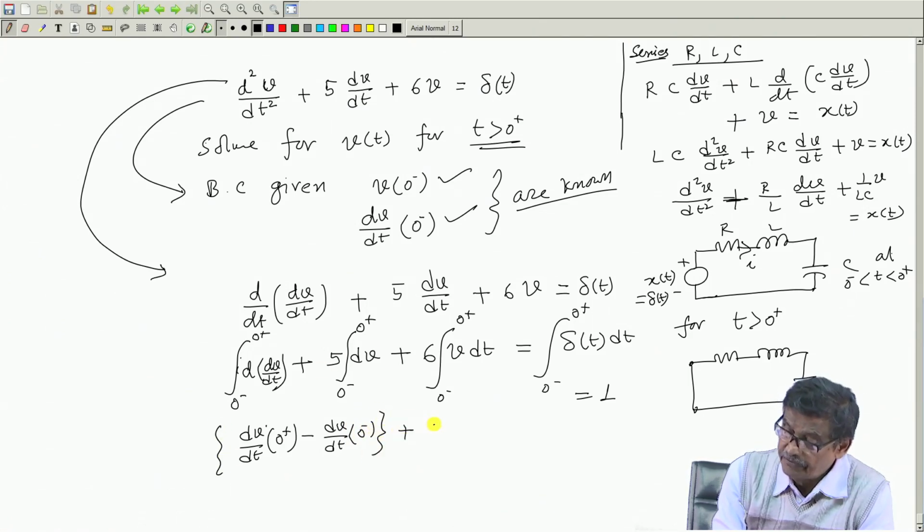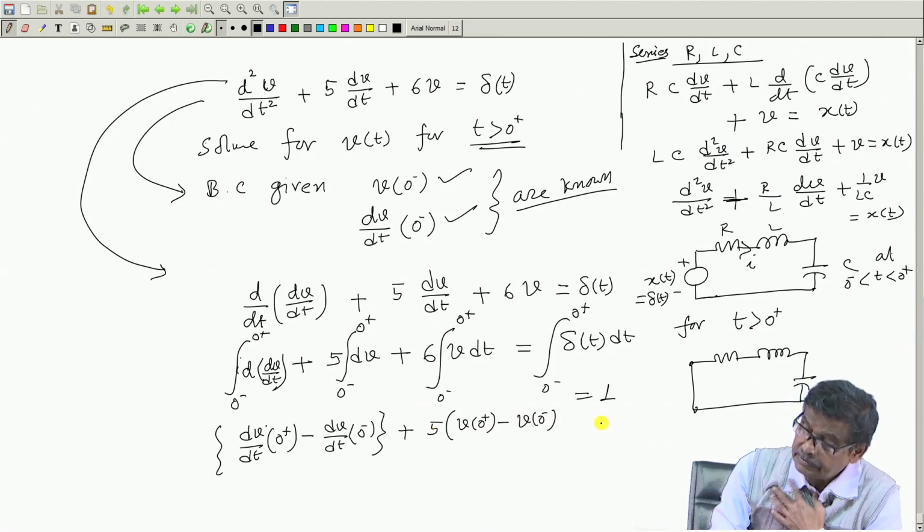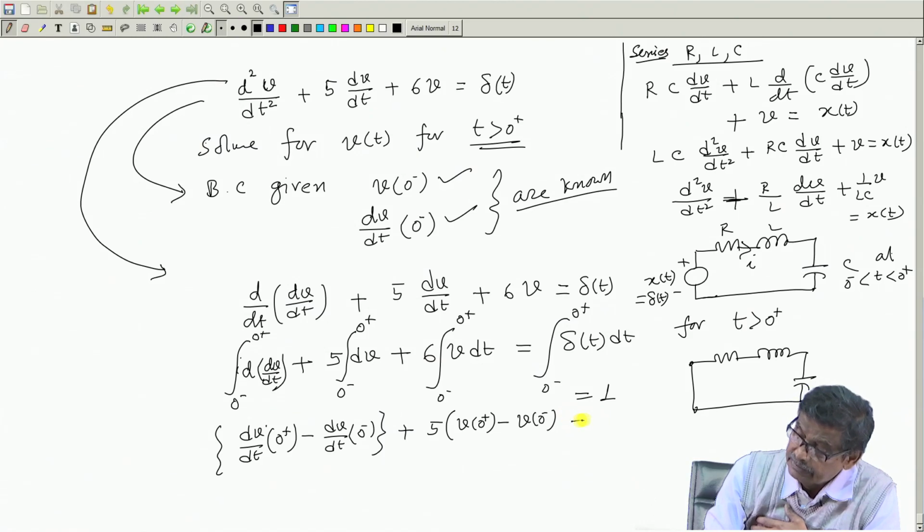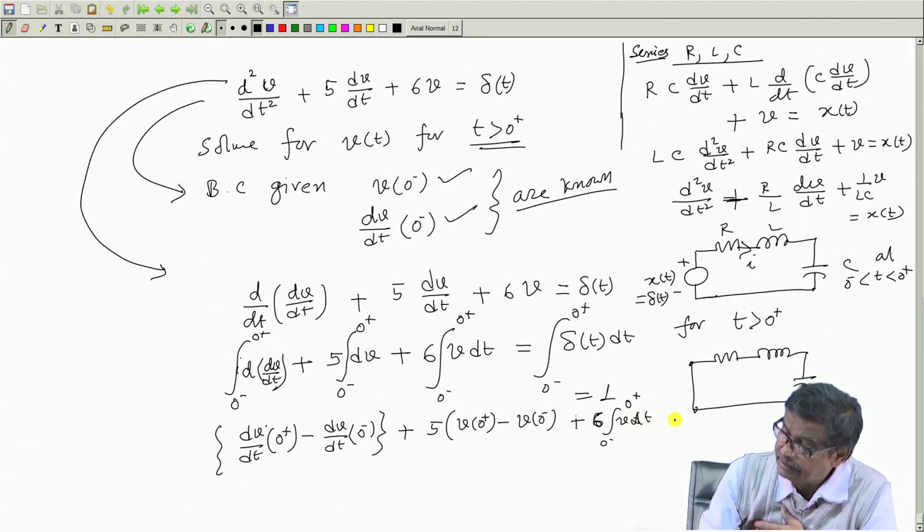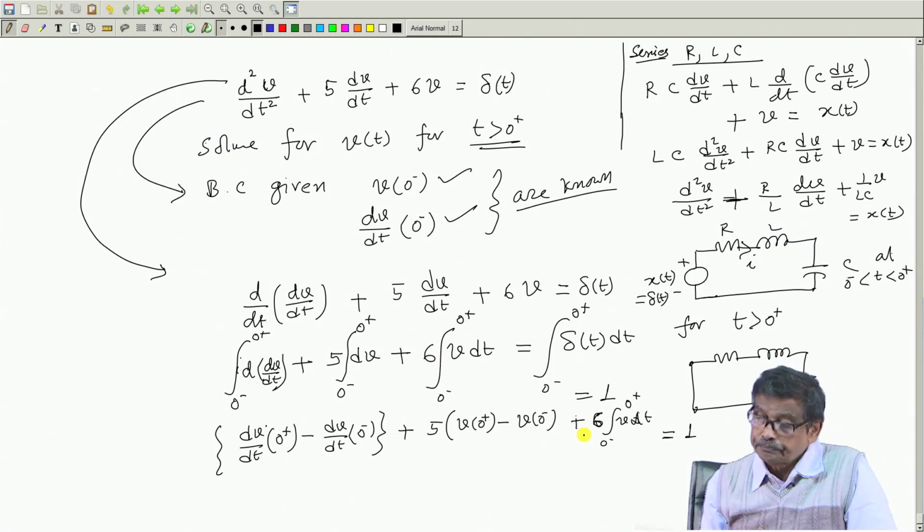Second term will be 5 times v(0 plus) minus v(0 minus). And plus this integral of v dt, and this is equal to 1. This will be the situation.